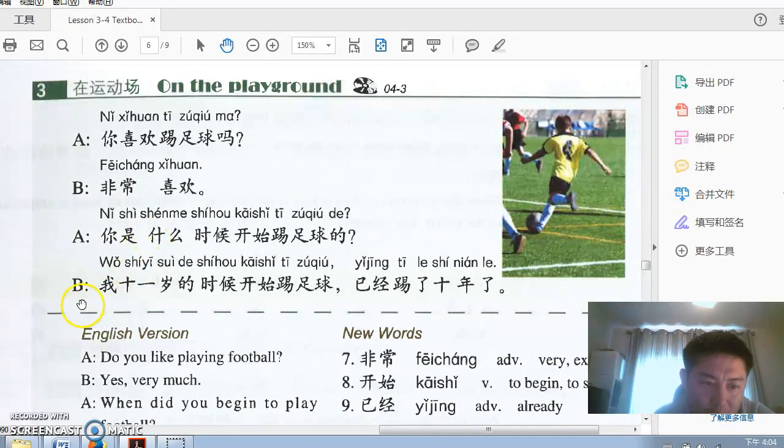Now let's move on to B saying 我11岁的时候. Remember before 时候, that could be a the and then the specific time.